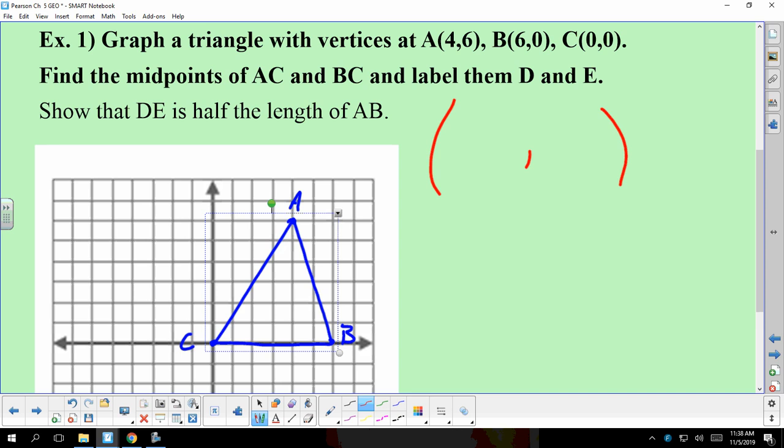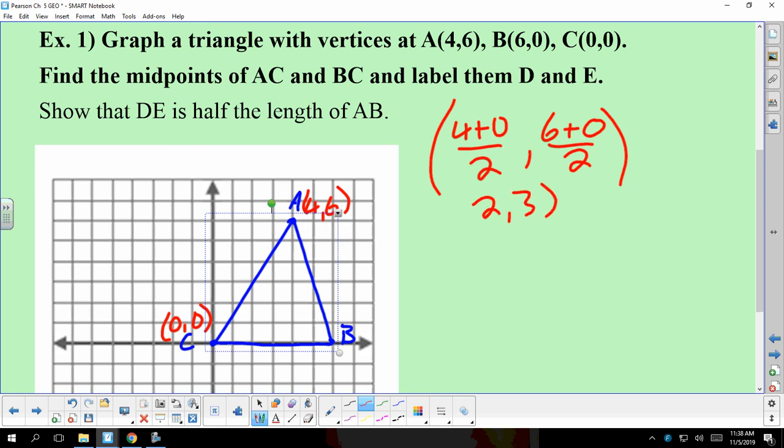So A is 4, 6. C is 0, 0. So 4 plus 0 divided by 2, 6 plus 0 divided by 2. The midpoint is 2, 3.